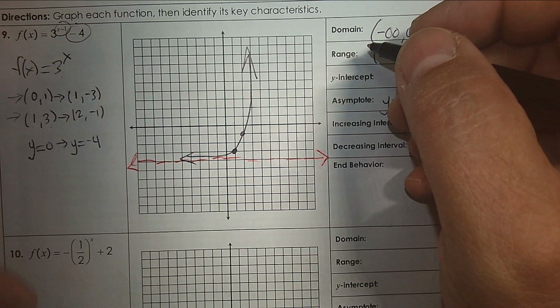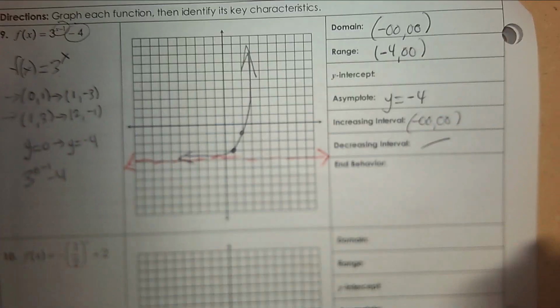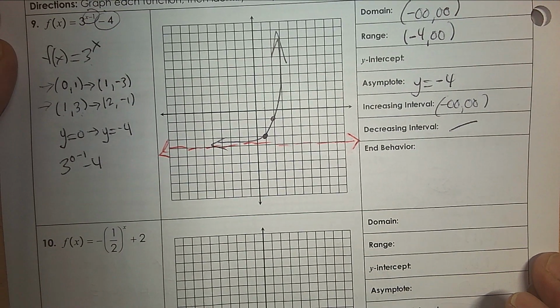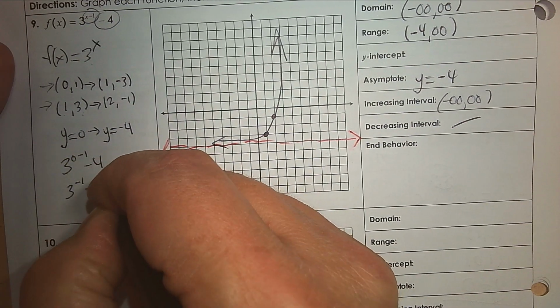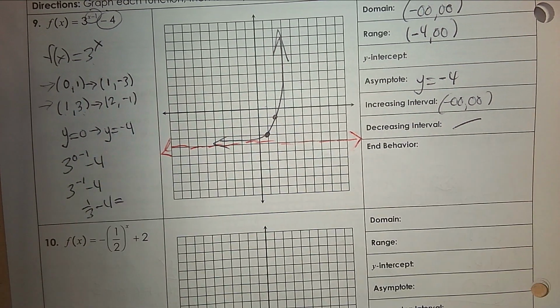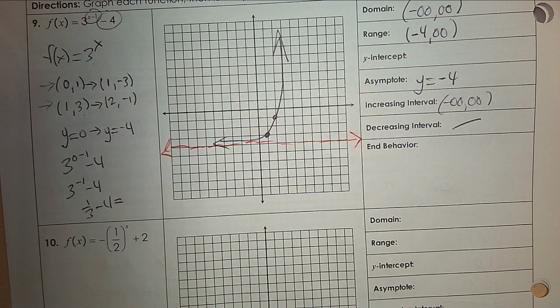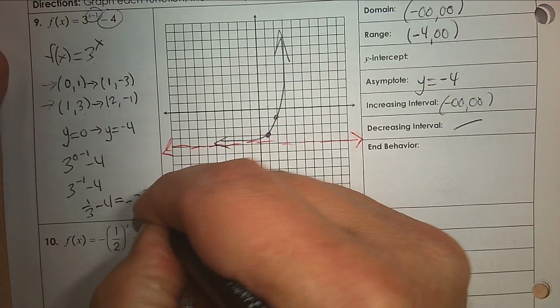So if I plug 0 in, you get 3 to the negative 1, take away 4. That's 1/3 subtract 4. Do you have the number sense to go 1/3 take away 4? The answer is negative 3 and what? 2/3.